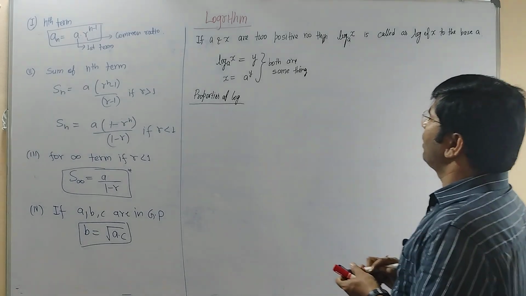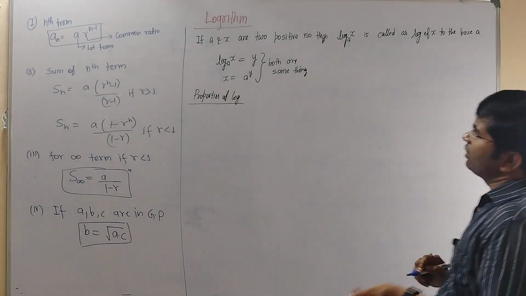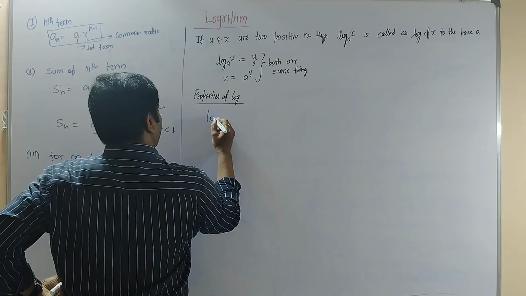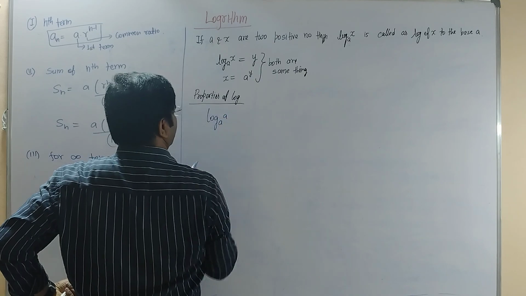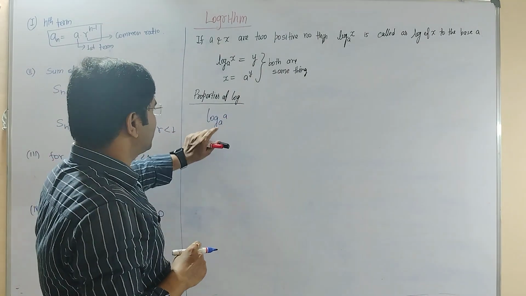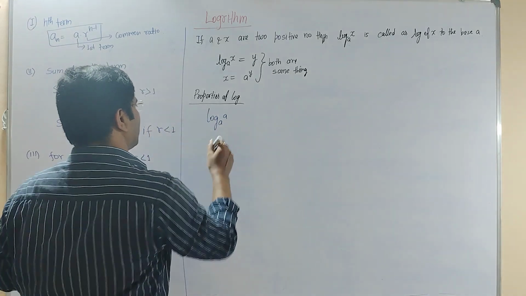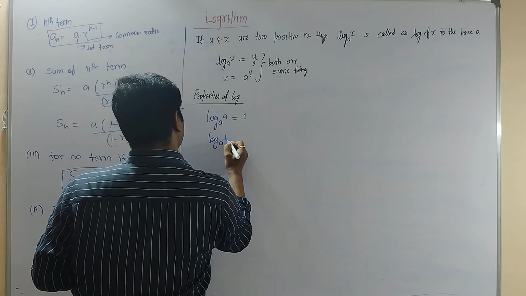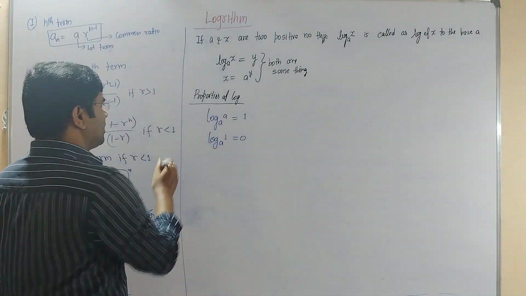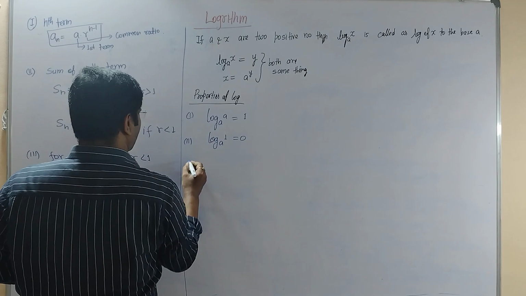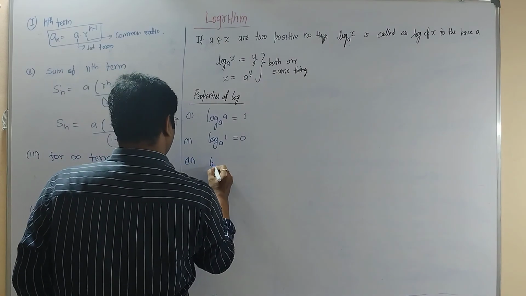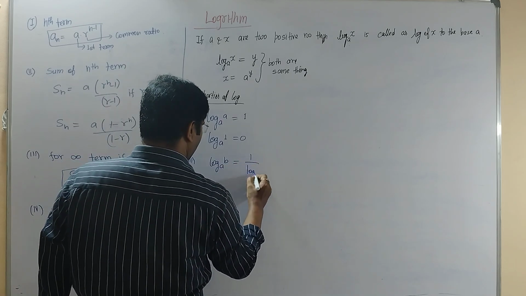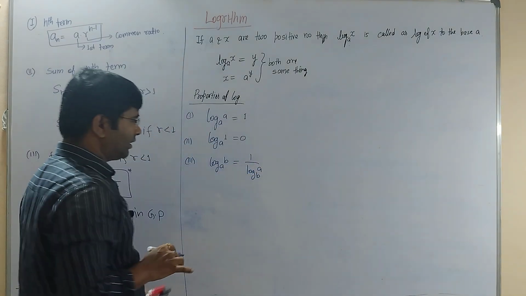The main property: if you take log of a number with the same base, it will always be 1. Log of 1 with any base will always be 0. The third one: log base a of b equals 1 upon log base b of a. Base and value will interchange, it will be reciprocal.